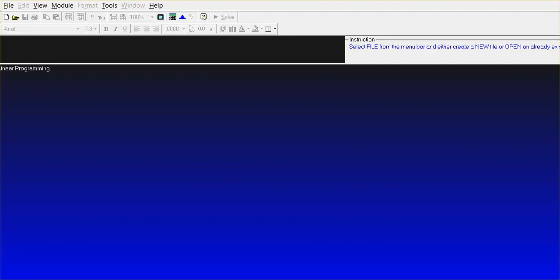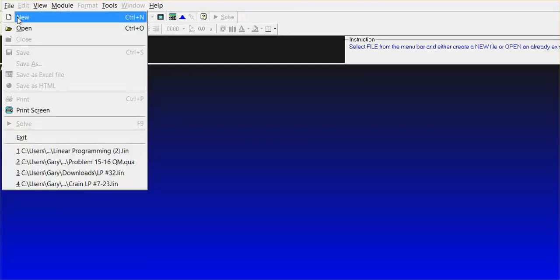So what I want to do now is take that information, take the data, and put it into the linear programming feature from our QM to see how it's done. Once again, I'm already in linear programming. I'm coming up with new.